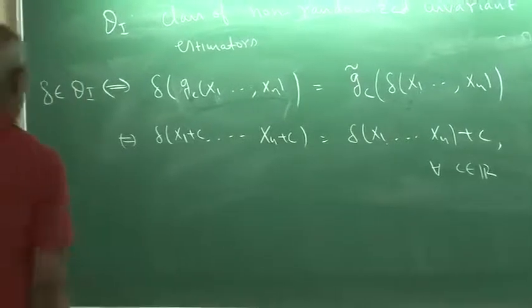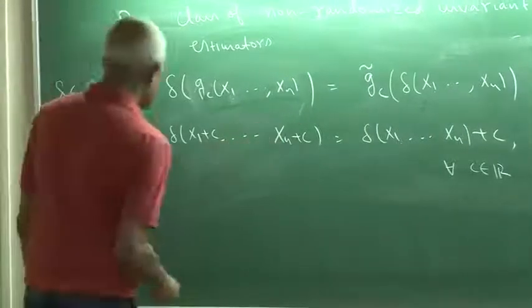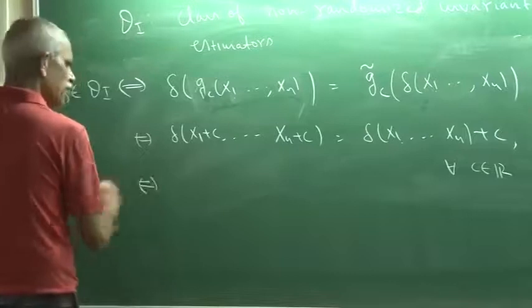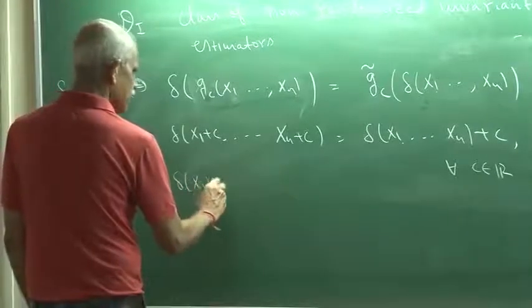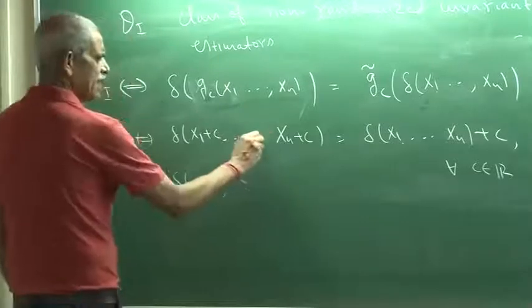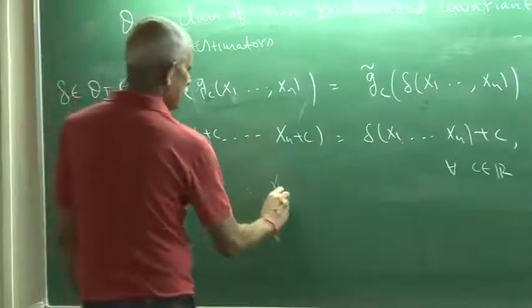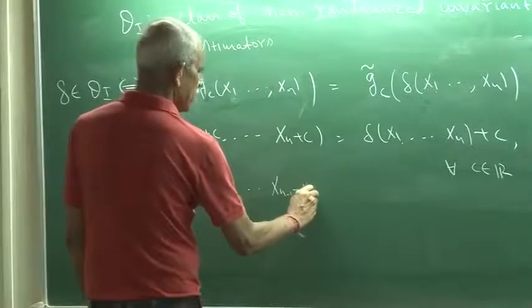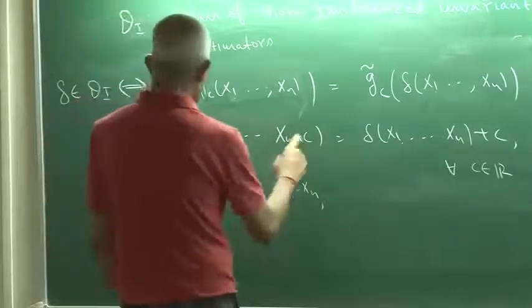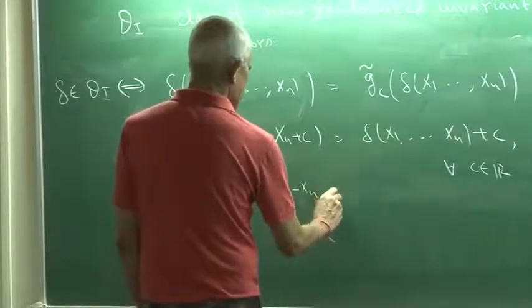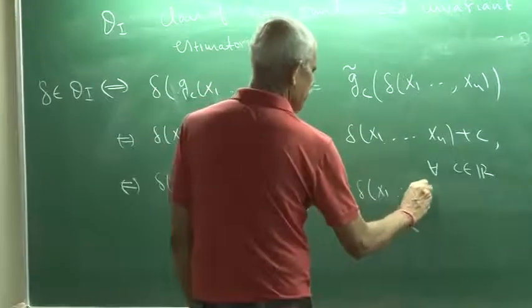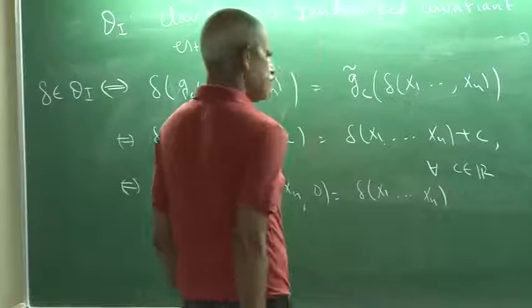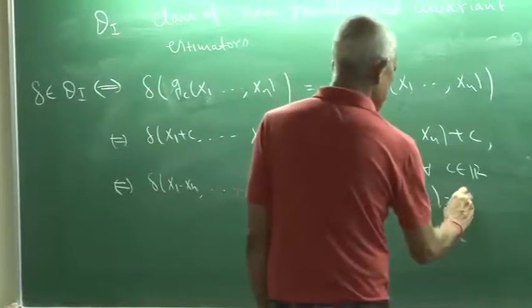So if I want, I can put c equal to minus xn. This becomes delta of x1 minus xn, and so on up to xn minus 1 minus xn, and xn plus c, where I have taken c as minus xn, so this becomes 0. This is the same as delta of x1, x2, xn plus xn.